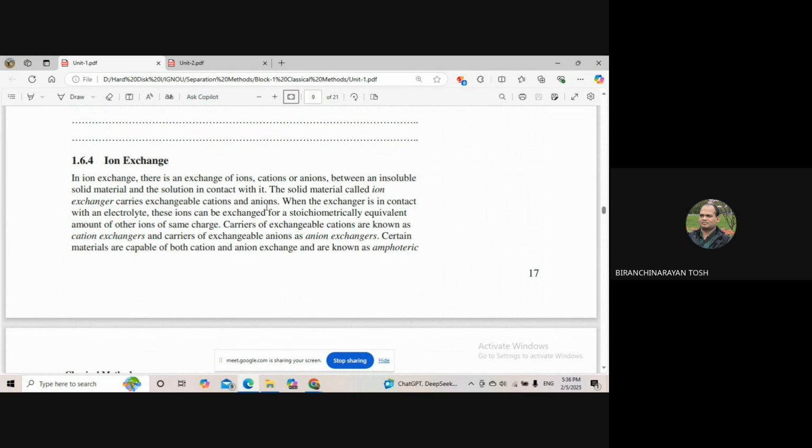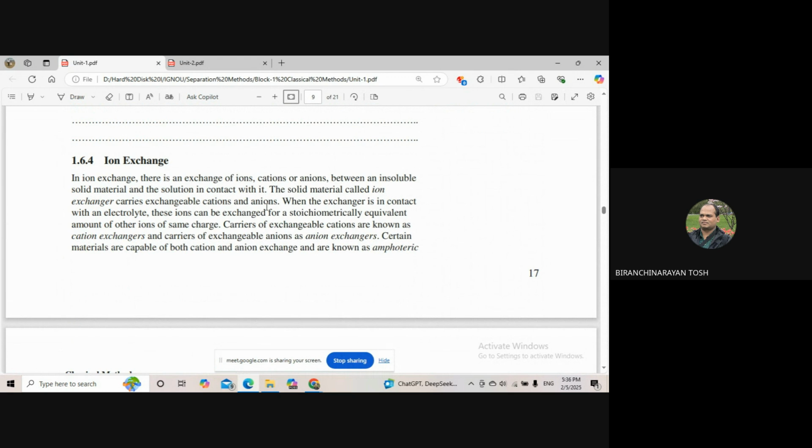In ion exchange, there is an exchange of ions, cations or anions, between an insoluble solid material and the solution in contact with it. The solid material is called an ion exchanger, which carries exchangeable cations and anions.